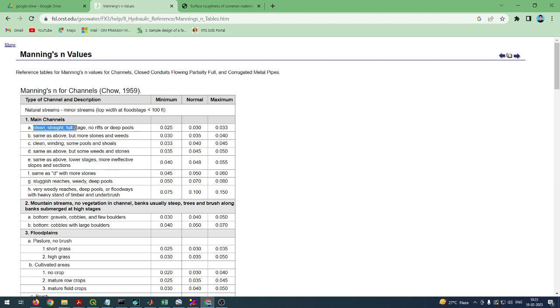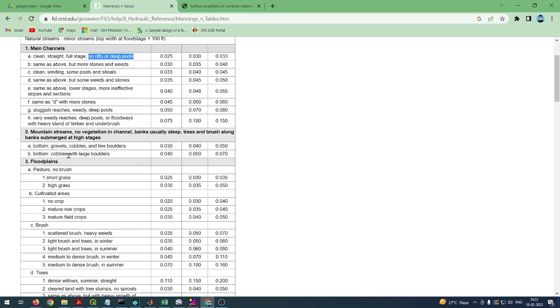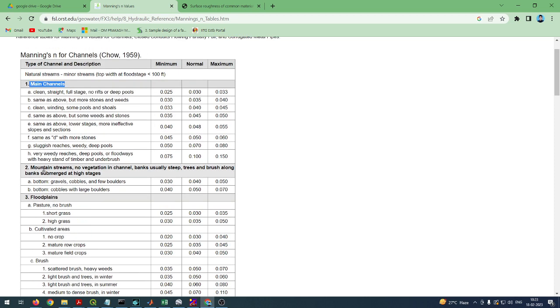A clean, straight, full stage, no rifts or deep pools. This one is for the main channel. The second one is the mountainous stream, no vegetation in channel, banks usually steep, trees and bushes along the banks submerged at high stages.